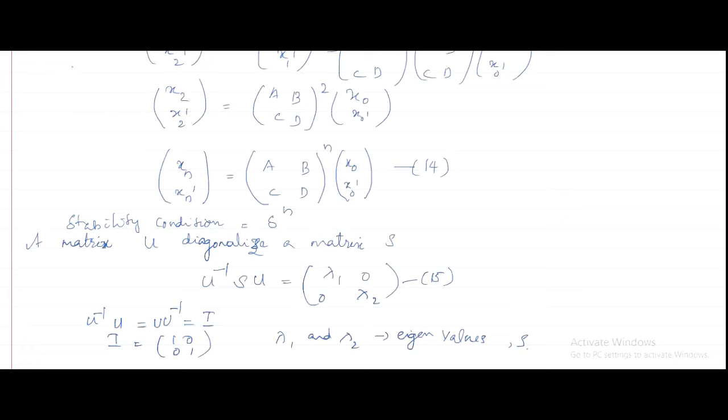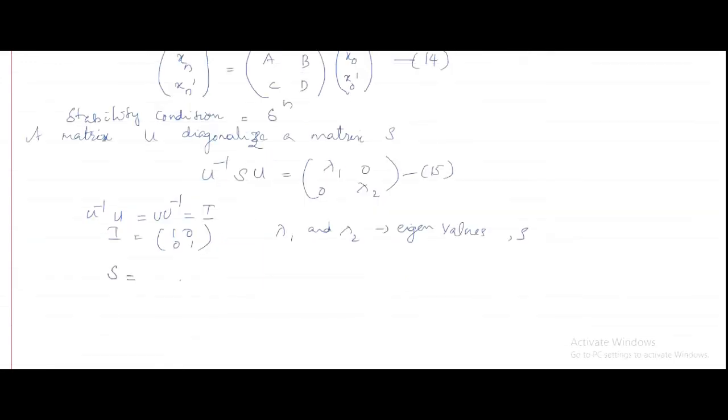S. To get S from equation 15, we pre-multiply equation 15 with U and post-multiply by U inverse. That is, S equals U [lambda 1 0; 0 lambda 2] U inverse.